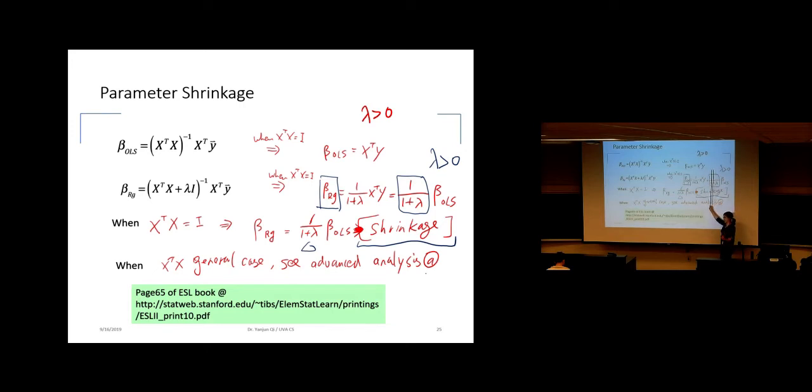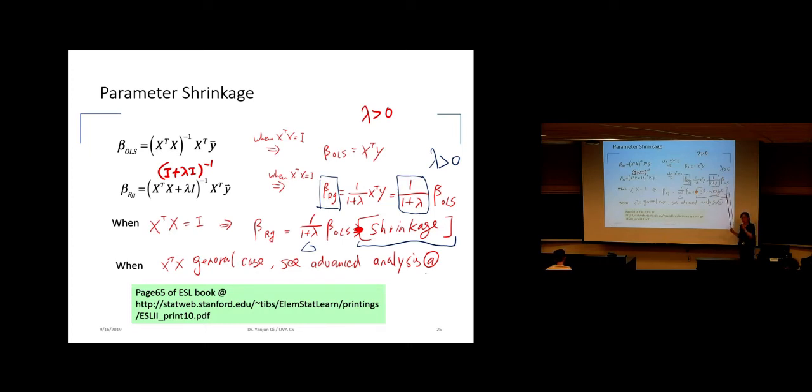And because x transpose x equals I, I plus lambda I becomes 1 plus lambda times I. Very easily you can prove that in this special case, beta ridge equals 1 over 1 plus lambda times the beta OLS solution.